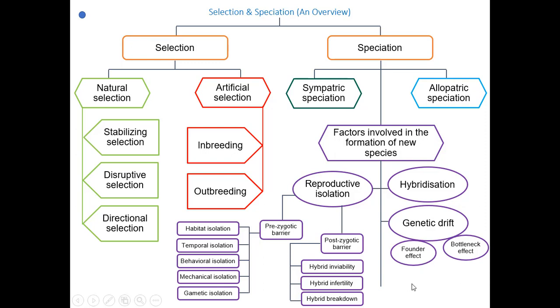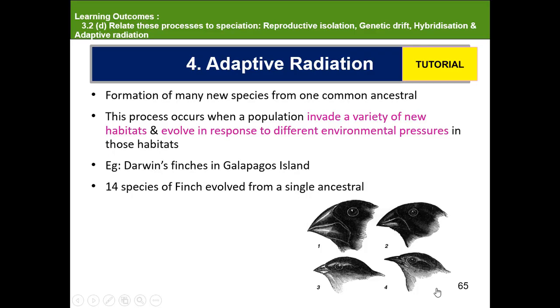The last factor involved in the formation of new species is adaptive radiation. Adaptive radiation is the formation of many new species from one common ancestor. This process occurs when a population invades a variety of new habitats and evolves in response to different environmental pressures in those habitats.